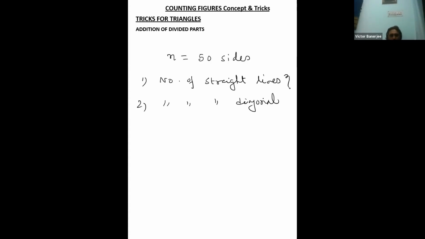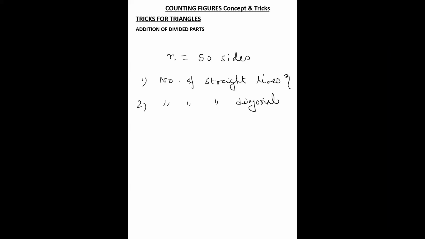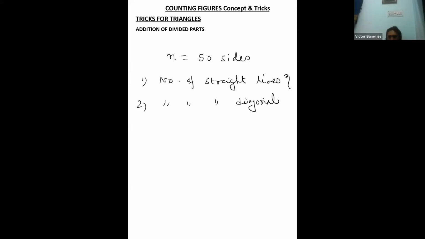Chalo, karo. So the number of lines is 1225. Okay. Number of diagonals.